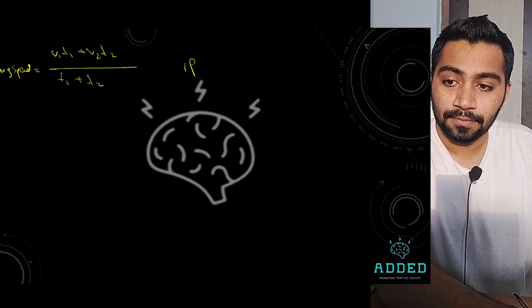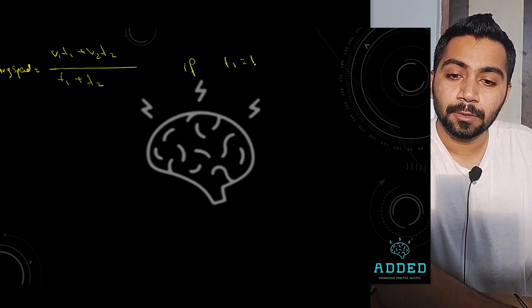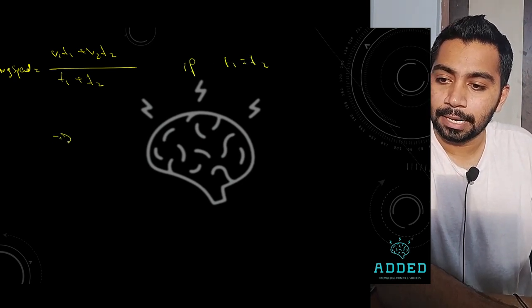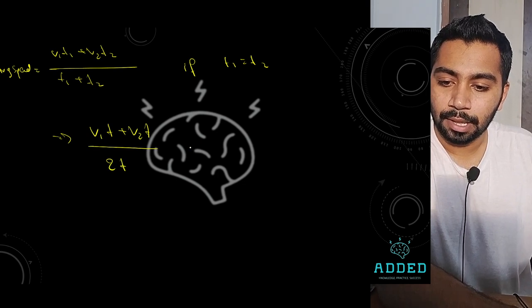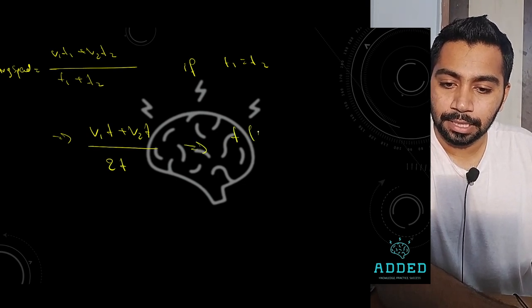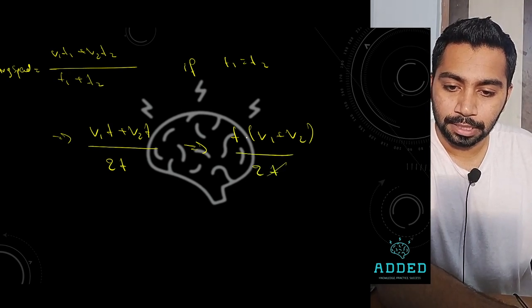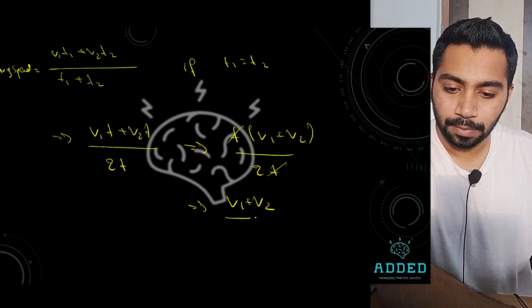Now if t1 is equal to t2, then I can write v1 t plus v2 t divided by 2t, which implies t times v1 plus v2 divided by 2t. The t gets cancelled. What remains is v1 plus v2 divided by 2.